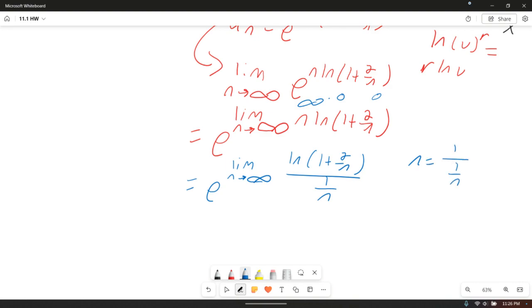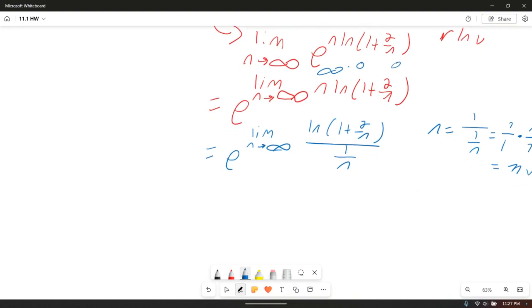This is algebraically equivalent: 1 divided by a fraction is the same thing as multiplying by its reciprocal, so this just equals n. So that checks out. Then we could apply L'Hopital's rule, because this is 0 over 0.